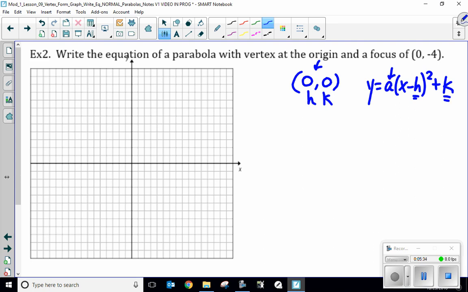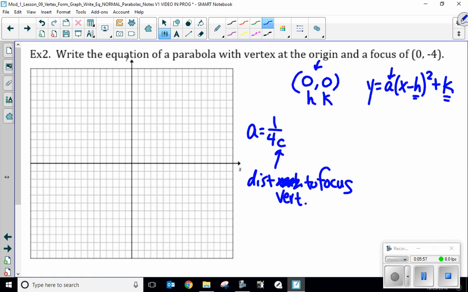And I do that by finding the distance between my vertex and focus because that's my c value, right? A equals 1 over 4c. C is the distance from the vertex to the focus. This is vertex.